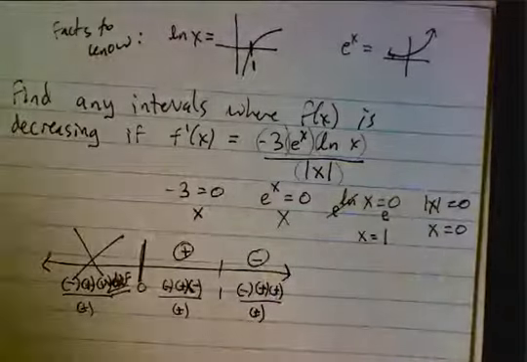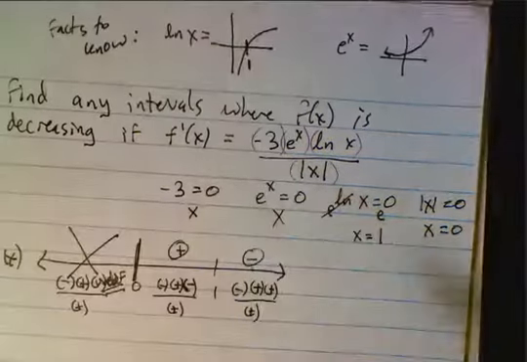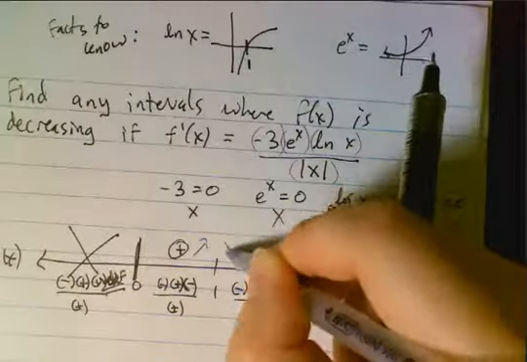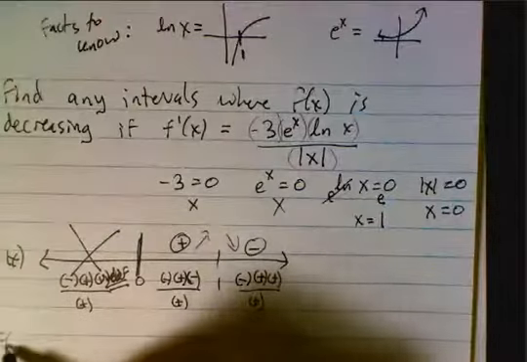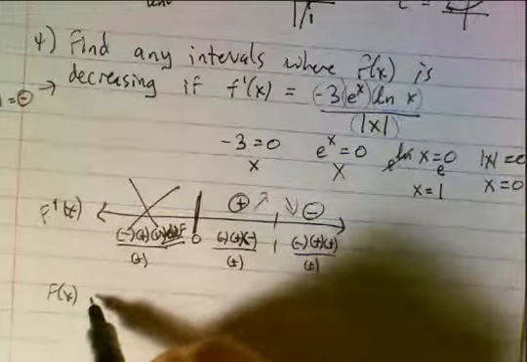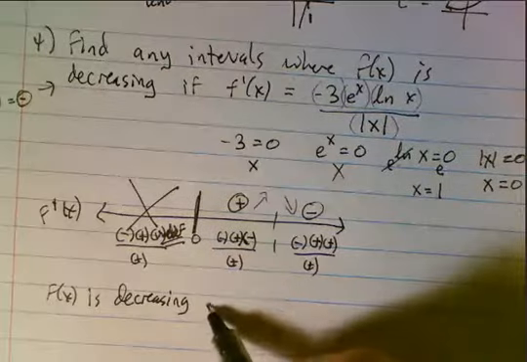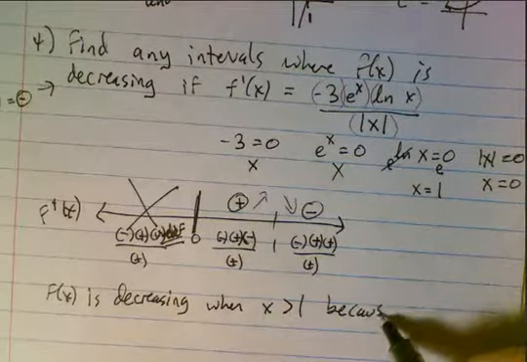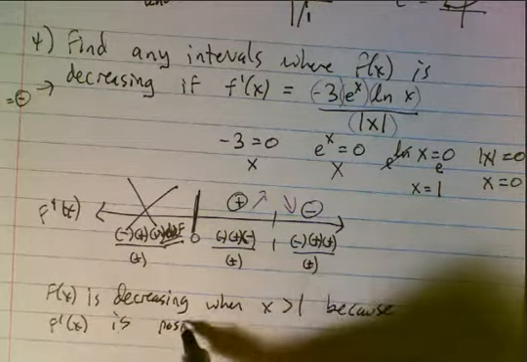So f prime of x is negative when x is greater than 1, meaning f of x is increasing there and decreasing there. So we would say that f of x is decreasing when x is greater than 1 because f prime of x is positive.